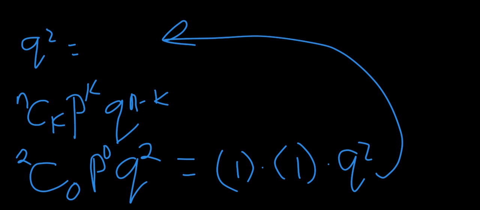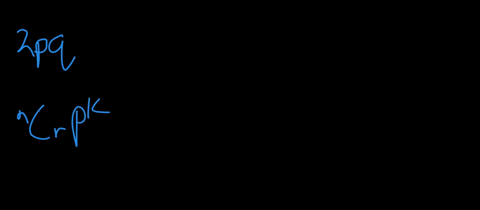Now let's try for the other scenarios. So let's try for this, 2pq. Now let's see if this follows our formula of the binomial distribution. So this is the formula here. So let's quickly plug in our values. So we know n to be 2 as the number of trials, as always.